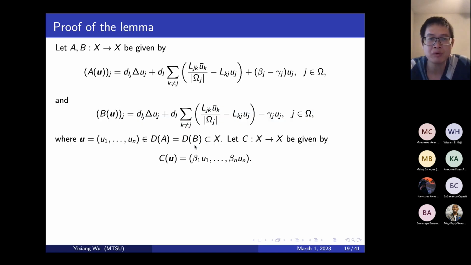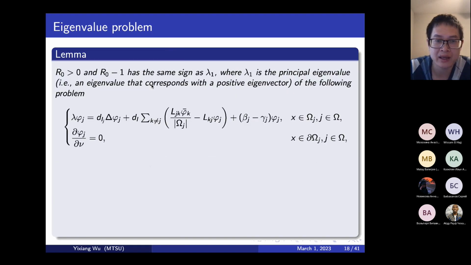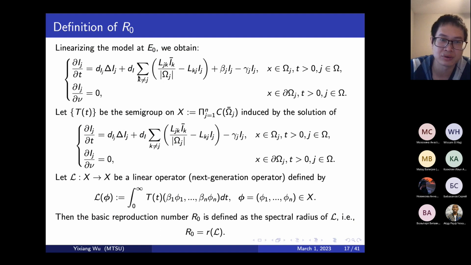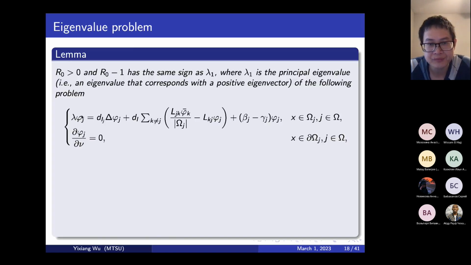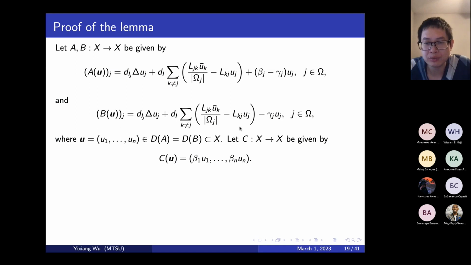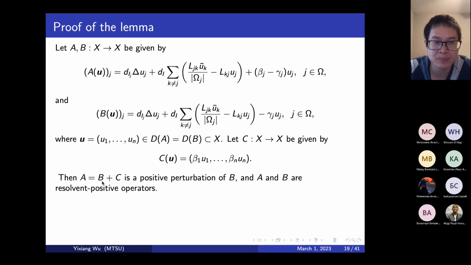We can define two operators A, B. Remember A, B are just generators of these two equations, the right-hand sides of these equations. B is the generator of this semigroup T, and we define C to be a multiplication operator.